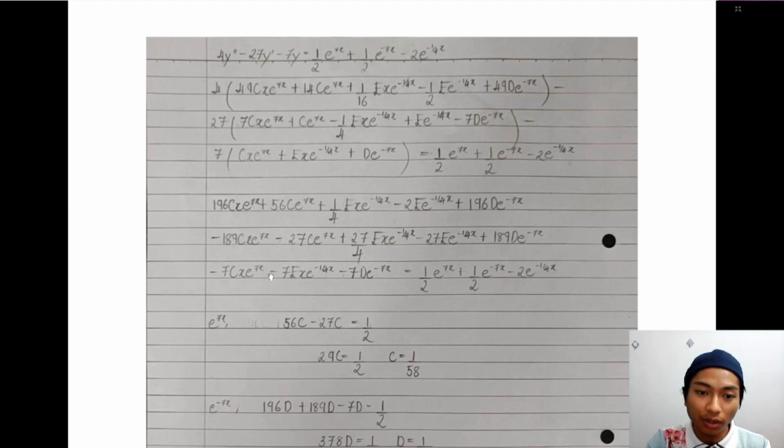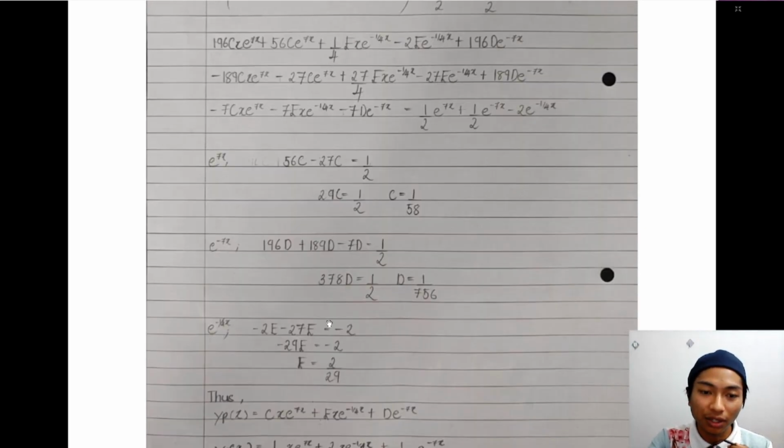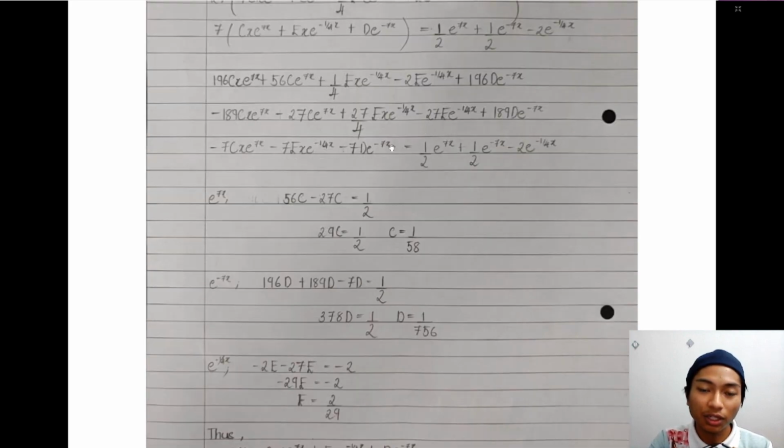So the next step is we need to find the values for c, d and e. Any variables that we can find from this equation, we need to form it. For the first one, I take the variable of e^(7x) and get the answer for c.